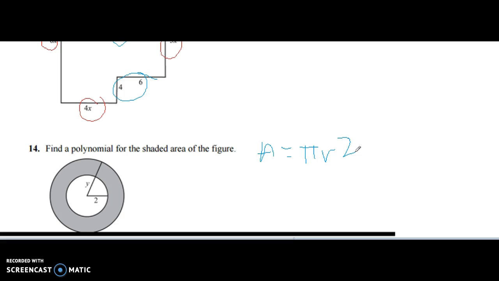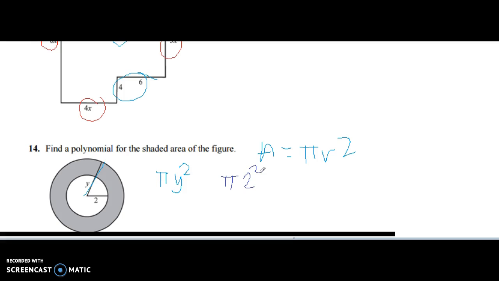So for the big circle, our area would be pi times y squared, because my radius is that line. Then for the small circle, it would be pi times 2 squared.